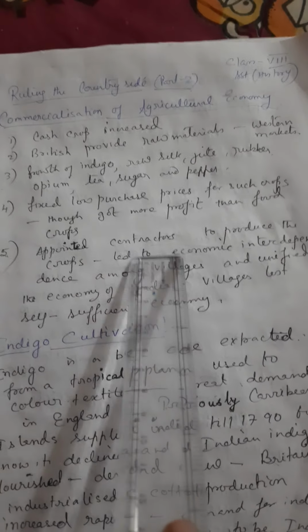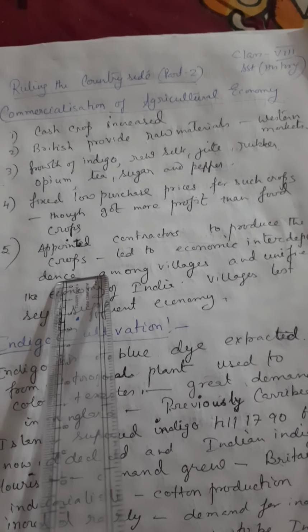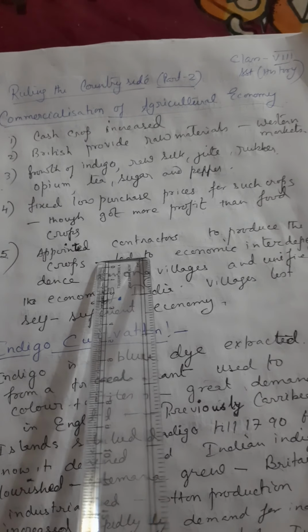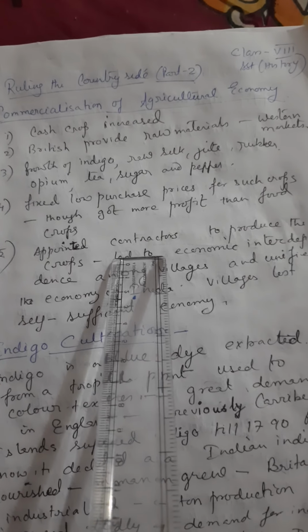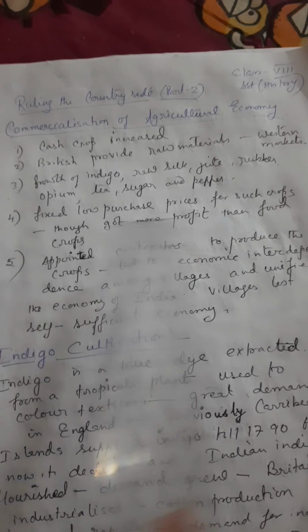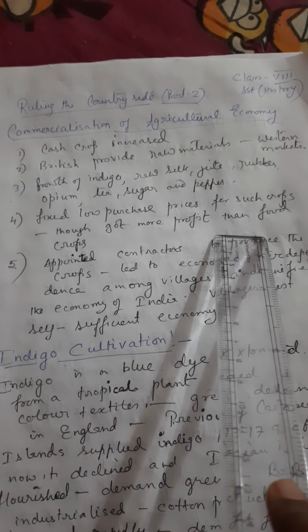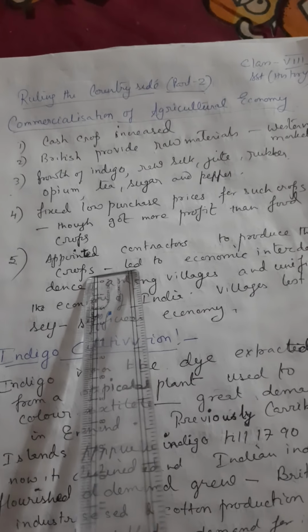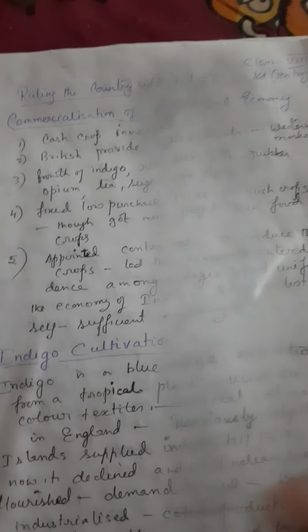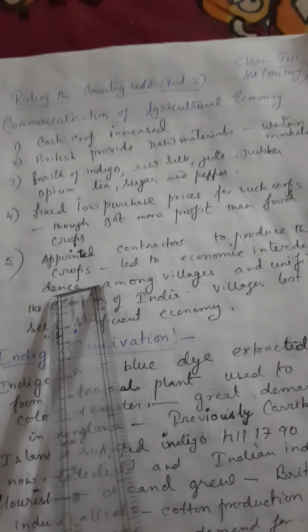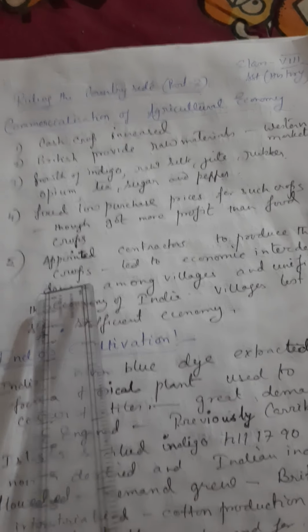The Britishers appointed contractors to produce the crops. In indigo cultivation, they made a contract with the peasants, saying, I will give you such a loan. They gave the loan to the peasants to grow the crops. Once the peasant accepted the loan, they had to grow the crops, because they had to return the money.